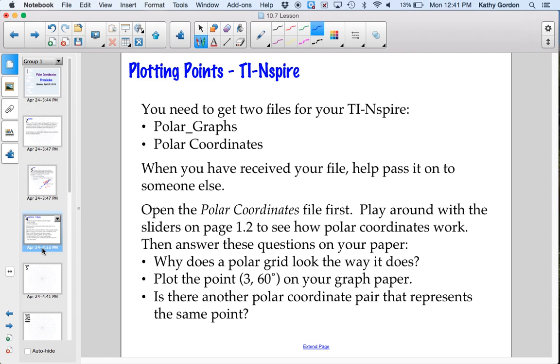So why does the polar grid look the way it does?